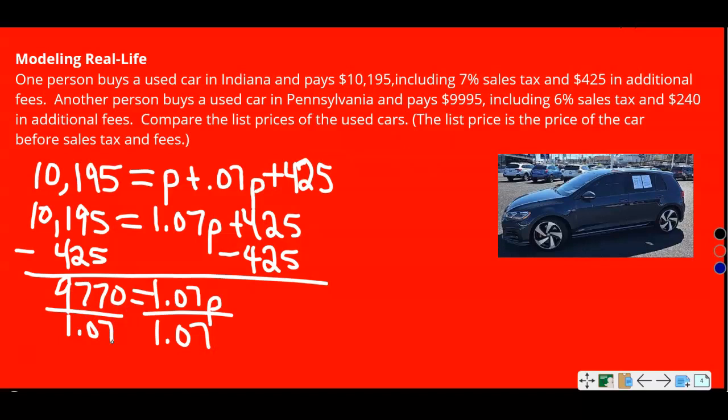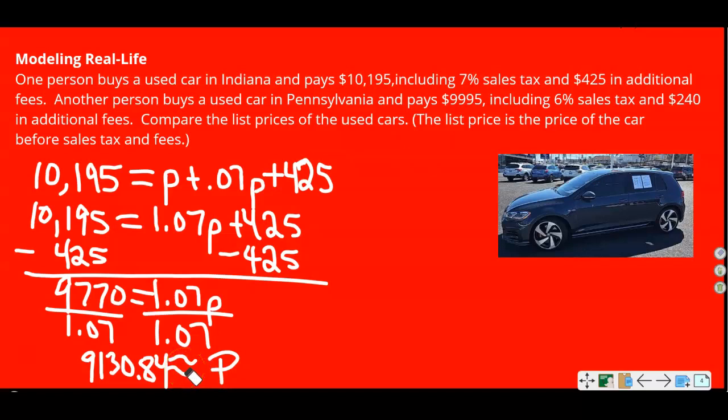So divide by 1.07, and the price is going to be about $9,130.84. I say about because I did round that a little bit, but with money, you're going to round to two decimal places because that's how money is rounded to the amount of change you would have.